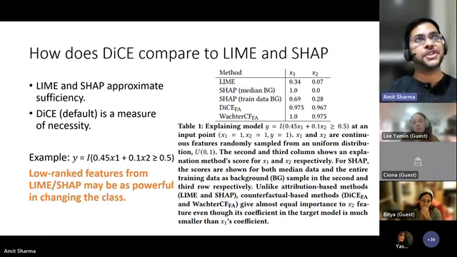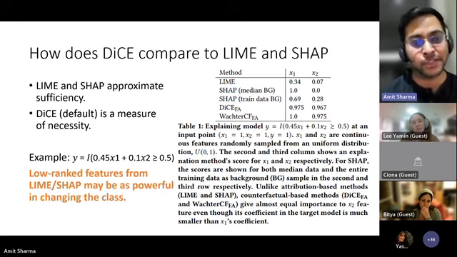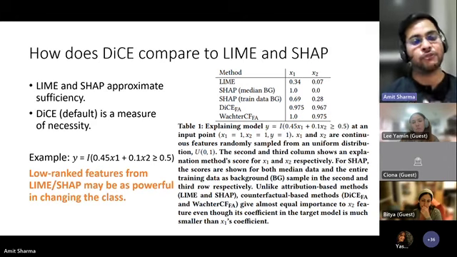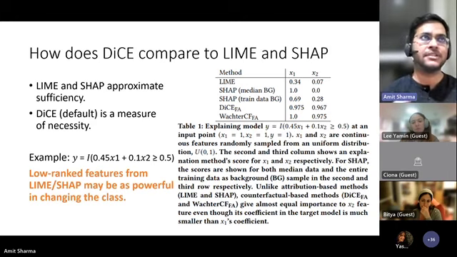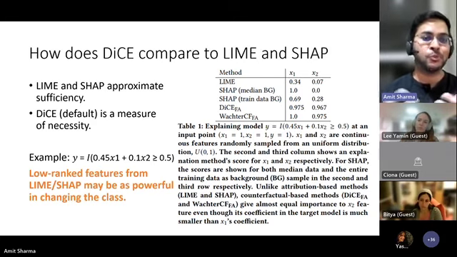But if you think in terms of feature explanation, or in terms of sufficiency, you tend to believe that x1 is more important because x1 is contributing more. So I'm bringing this example up just to share that explanations are not unique, right? It depends on what you're looking for.